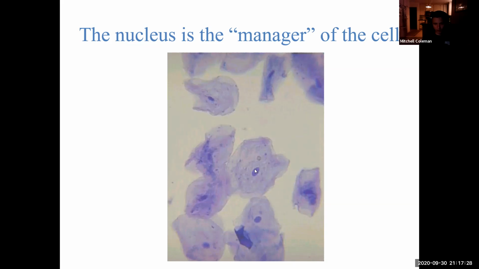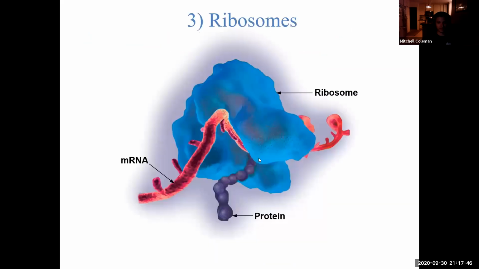The corporate headquarters of the cell is located right here in the nucleus. It's where the DNA resides, okay? And we're going to talk about the function of the nucleus in much more detail in Unit 3. But the nucleus is the manager of the cell. It's where the DNA resides, okay?